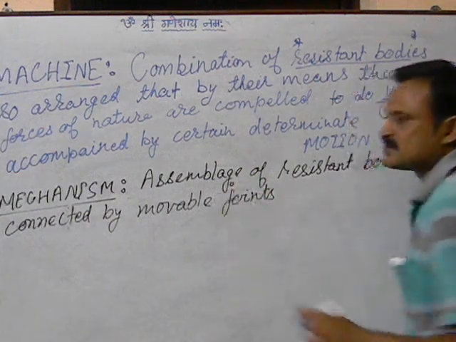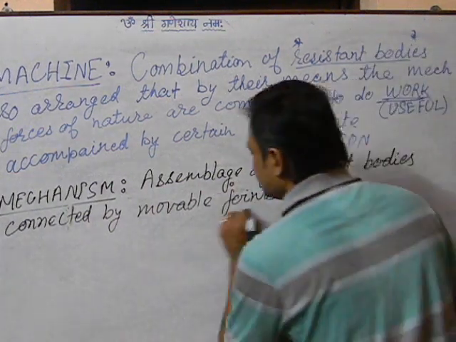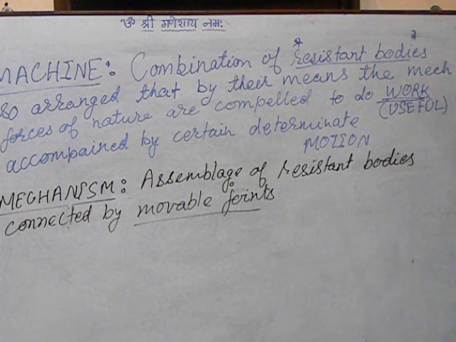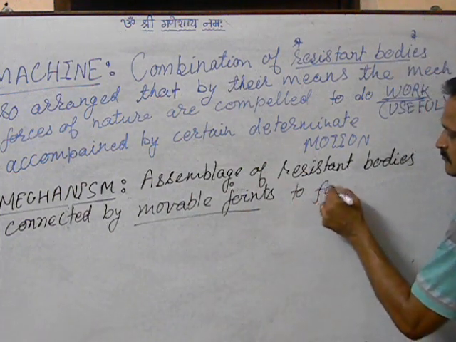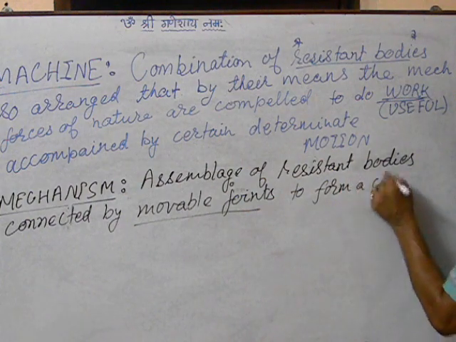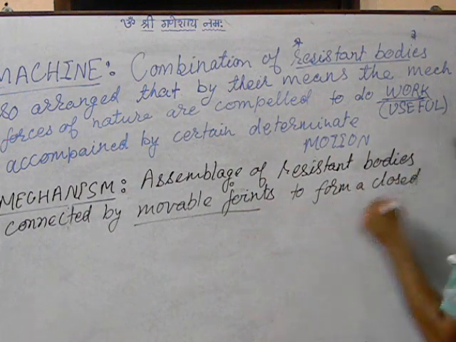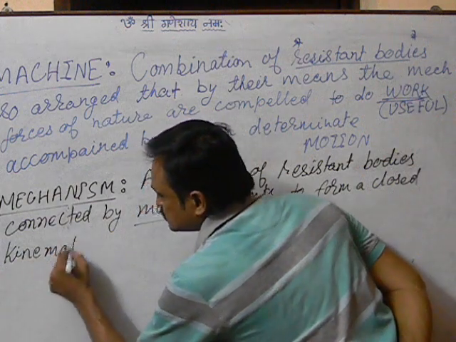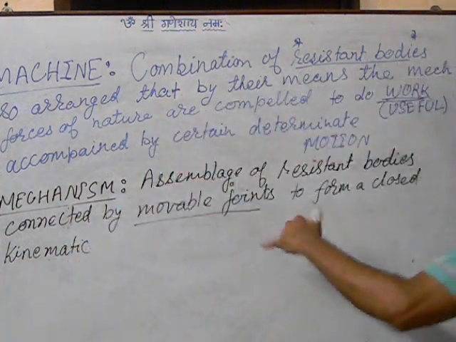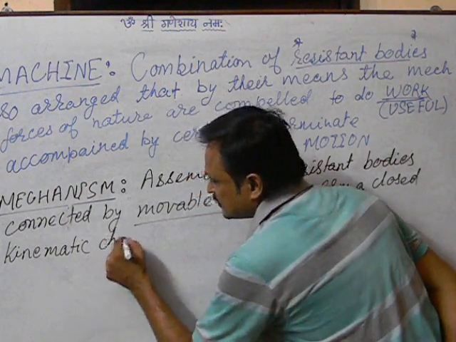Of course the members connected to each other must have movable joints to form a closed kinematic chain. We will talk about what a kinematic chain is in the latter part of our study.